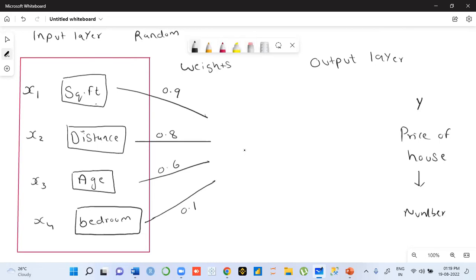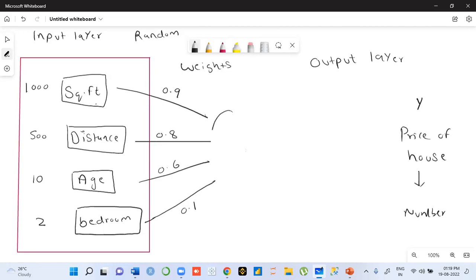Let's say the first data I'm entering, guys. Square foot is 1000. Distance to market or distance to any locality is 500 meters. Age of the building is, let's say, 10 years old. Number of bedrooms 2.